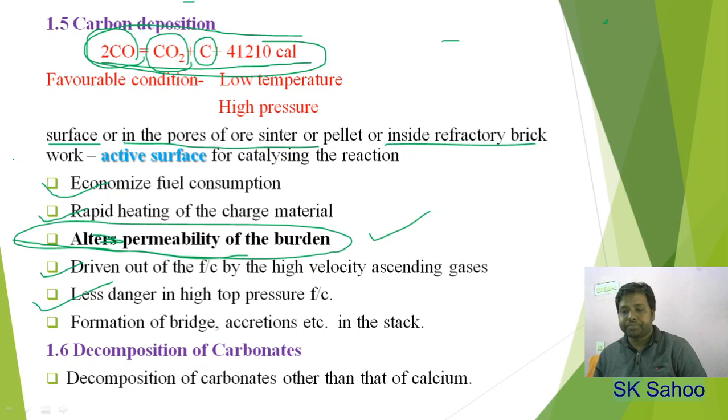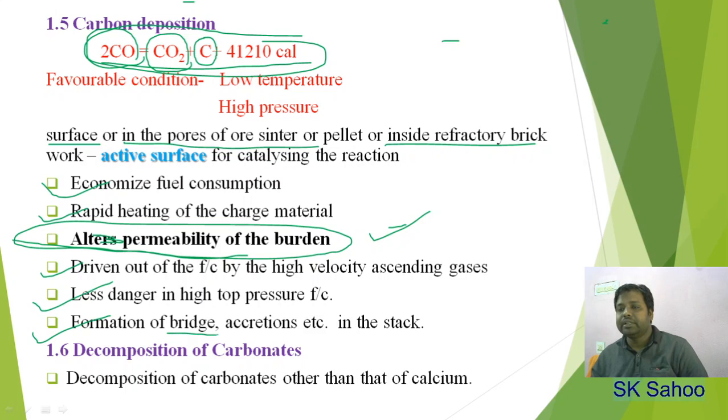And also, the carbon produced by this carbon deposition reaction may be deposited on the walls of the shaft, and can cause its disintegration and dislocation, as well as formation of bridges and accretions, because combustion of carbon will lead to high temperature, and that will cause formation of bridges.